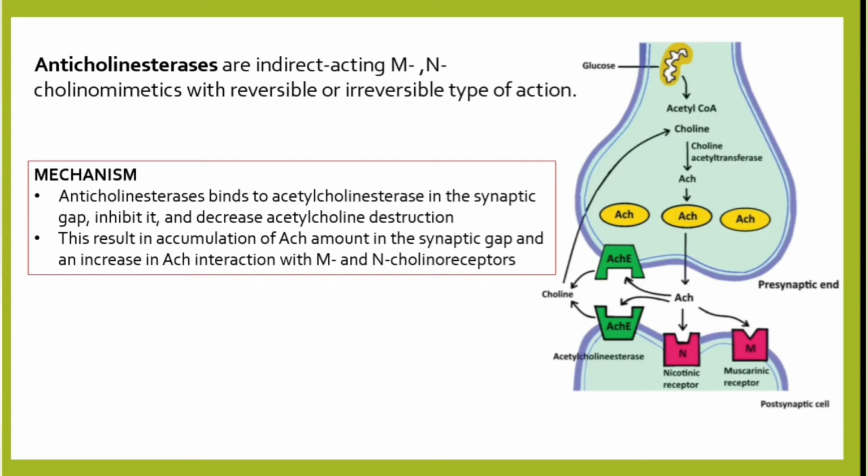Their mechanism is this. They bind to the acetylcholinesterase here in the synaptic gap, inhibit it, and decrease acetylcholine destruction. This will result in accumulation of acetylcholine in the synaptic gap and an increase in acetylcholine interaction with muscarinic and nicotinic cholinoreceptors.